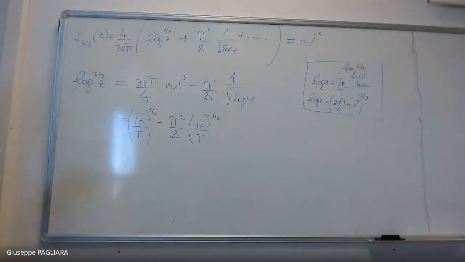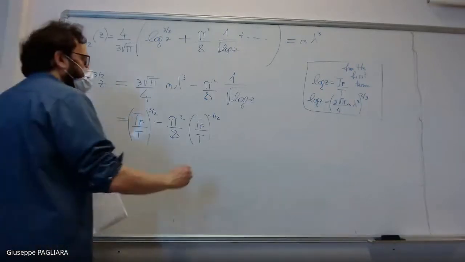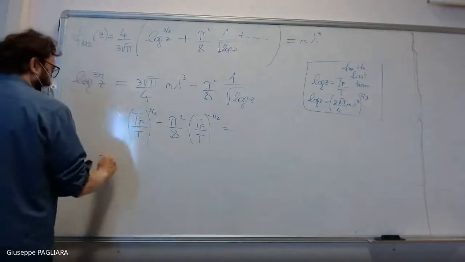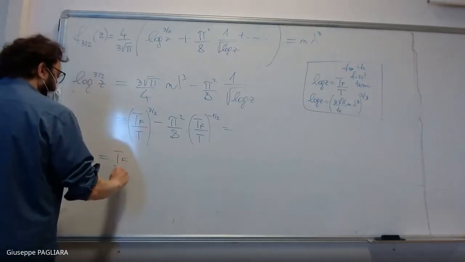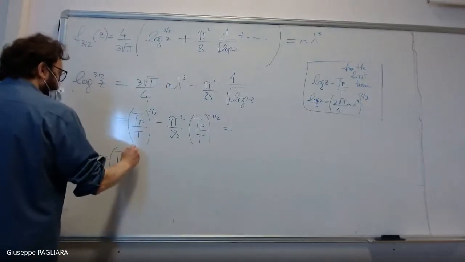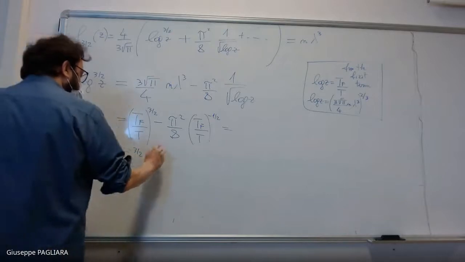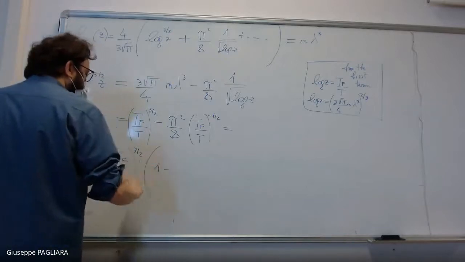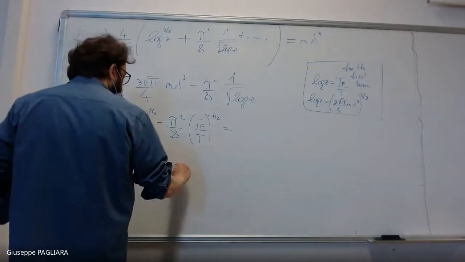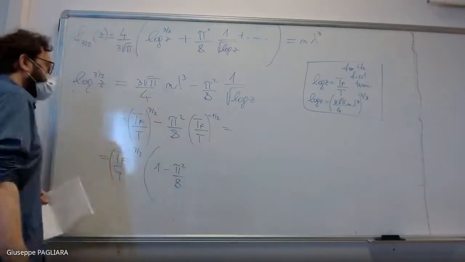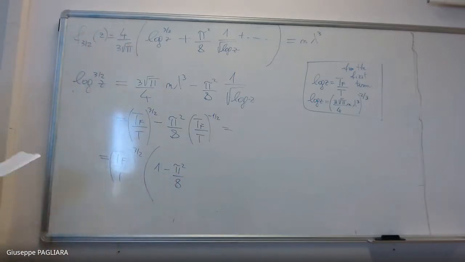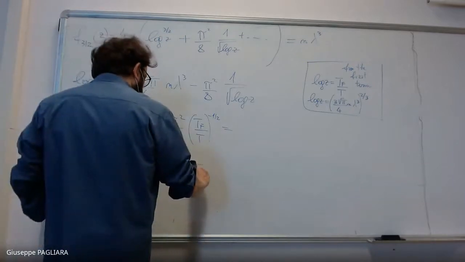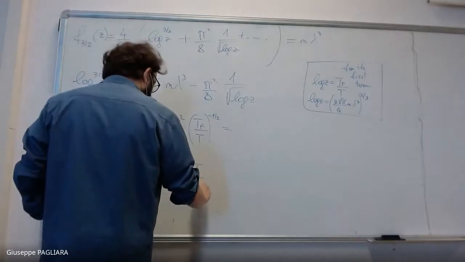So now I can collect the first term. This is equal to Tf divided by T to the power of 3/2. And here I have 1 minus pi squared divided by 8, and here I have T divided by Tf to the power of 2, T divided by Tf.